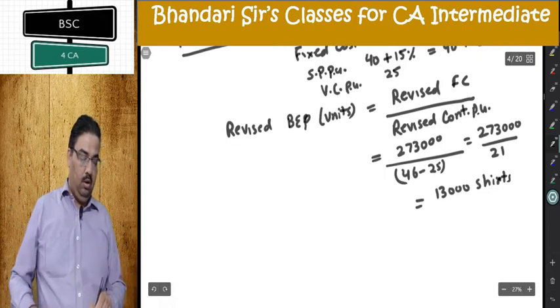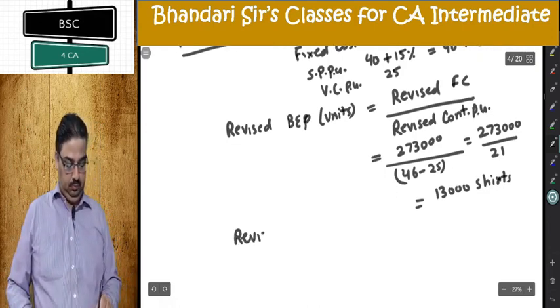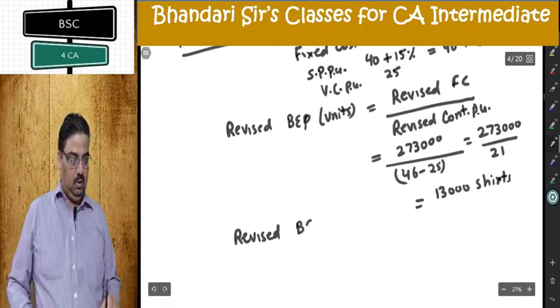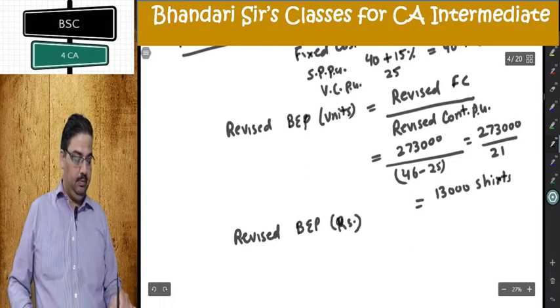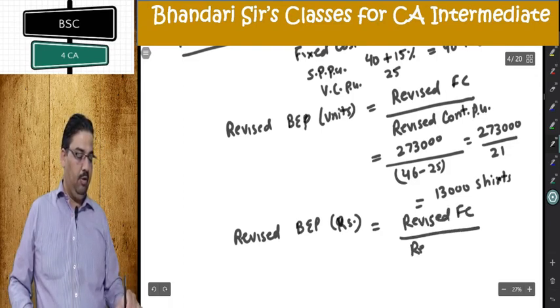Now for revenue, revised break-even point in rupees is revised fixed cost divided by revised PV ratio.